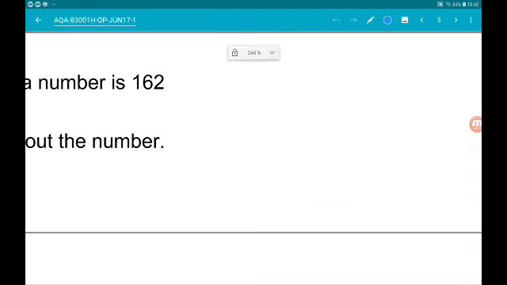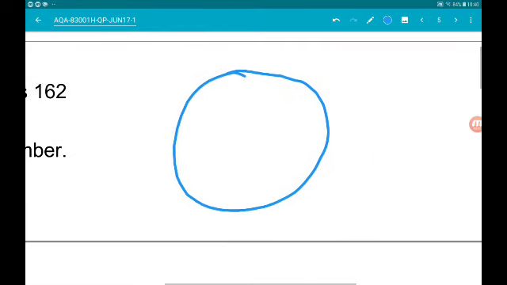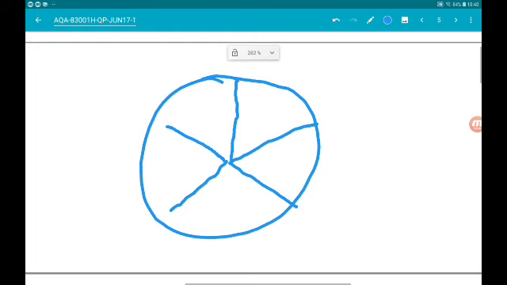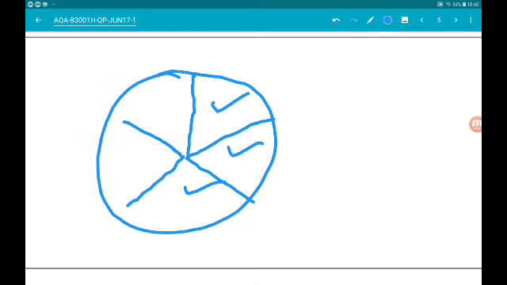Imagine we have a pizza. Pizzas are awesome, and the whole pizza is our missing number. Now we know that 3/5 of this pizza, so let's say this bit, and this bit altogether are worth 162.